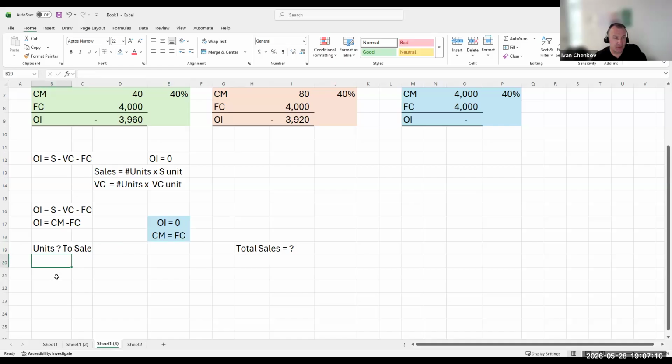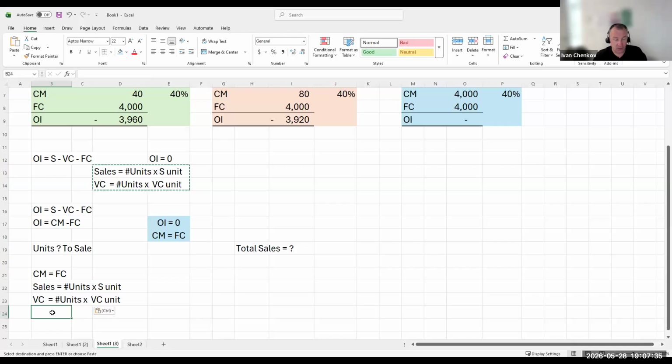So let's go first with the units to sell. Again, we are at the point that we want contribution margin to be equal to the fixed cost. But now we know that sales is equal to number of units times sales per unit. Variable cost is equal to number of units times variable cost per unit.